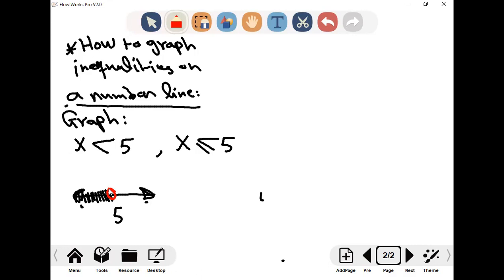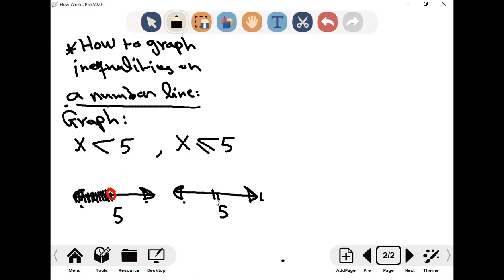For example, this one, how do we graph it? Same, I'll put 5 عادي and let's read it. x less than or equal 5. Less than, I will graph where? To the left.